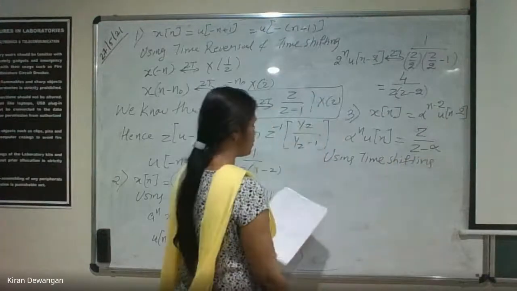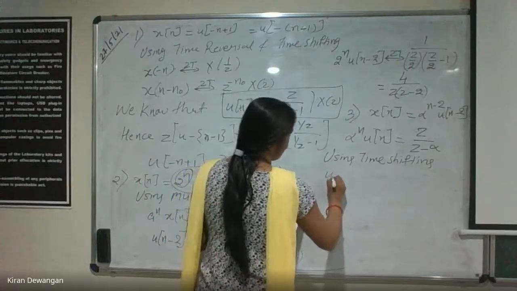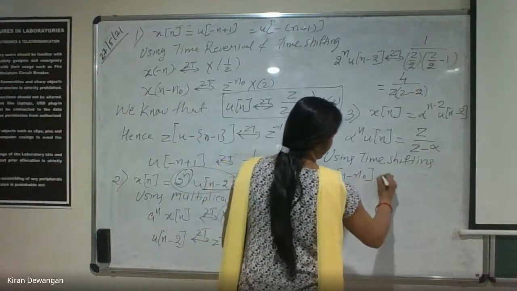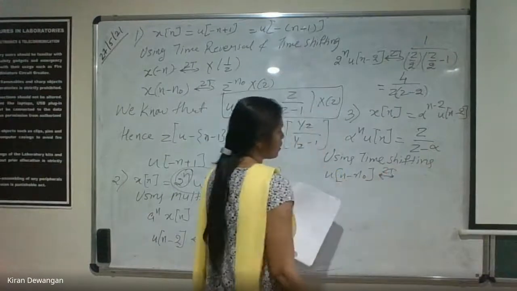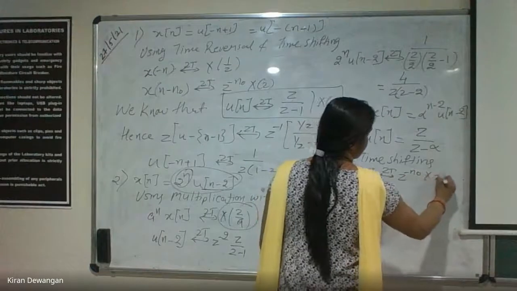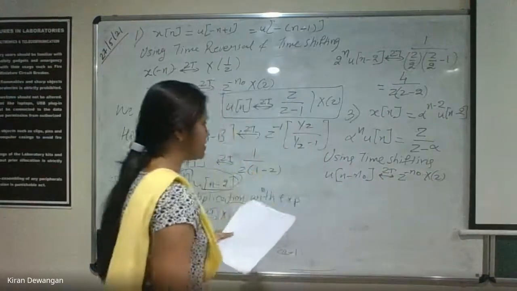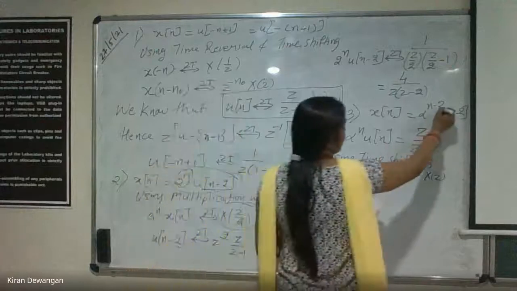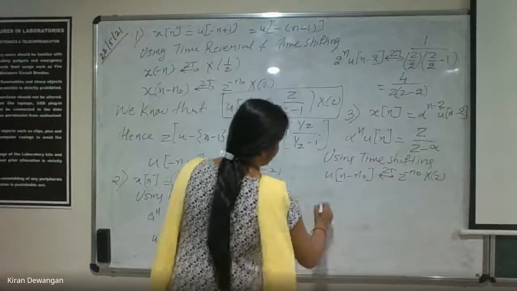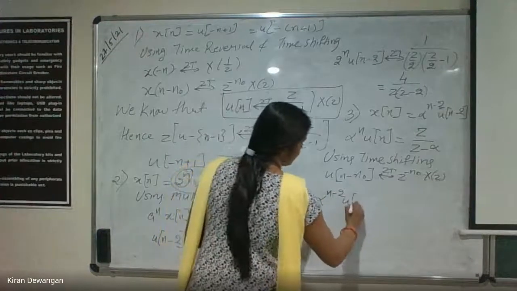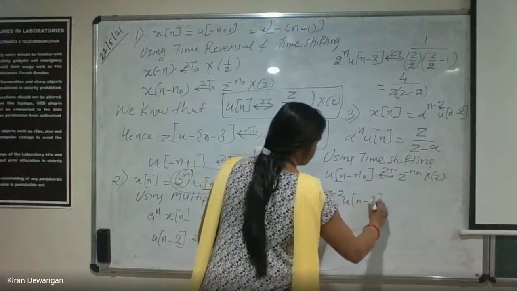Now using time shifting, x of n minus n naught will have the z transform z to the power minus n naught X(z). So we apply n minus 2. Here it is alpha to the power n minus 2 u of n minus 2.